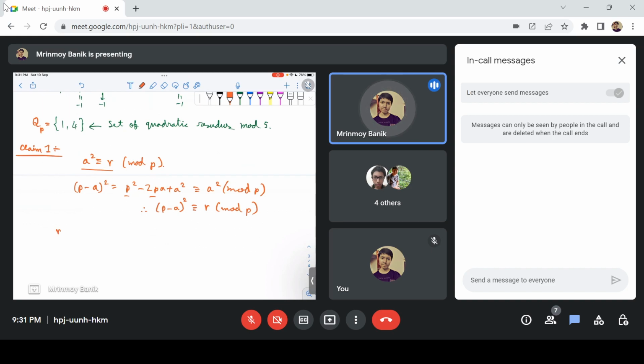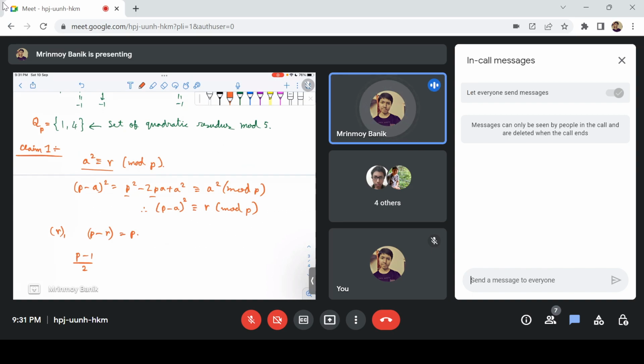Now you see, out of the numbers r and p minus r, one of them has to be less than p minus 1 by 2, since they both add up to p. Each of them can't be like, each of them has to be strictly less than p by 2.